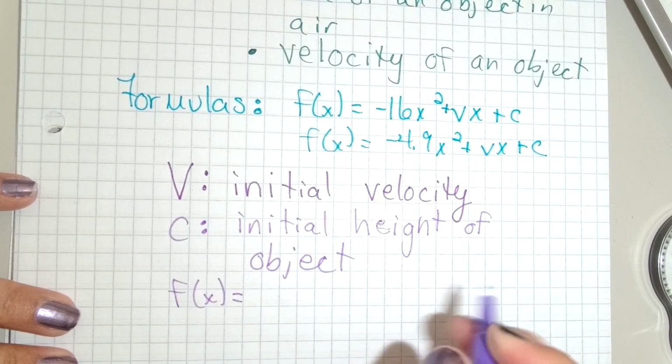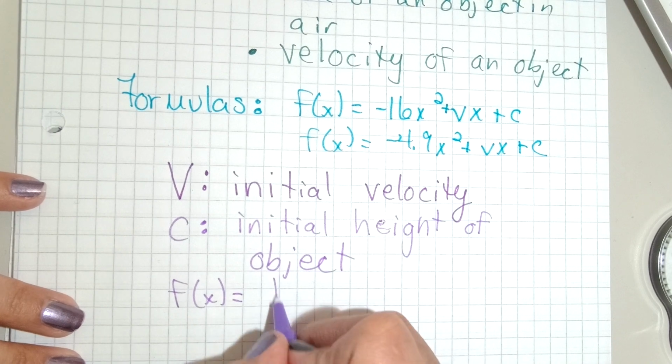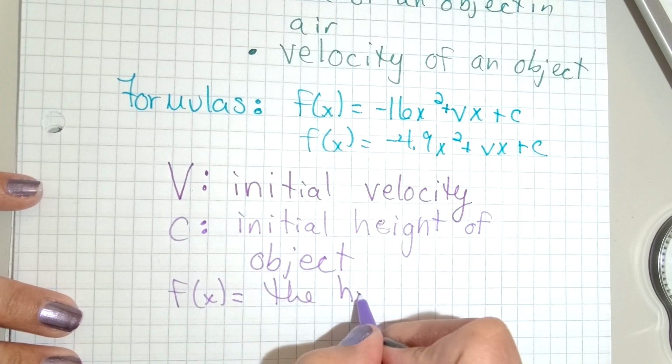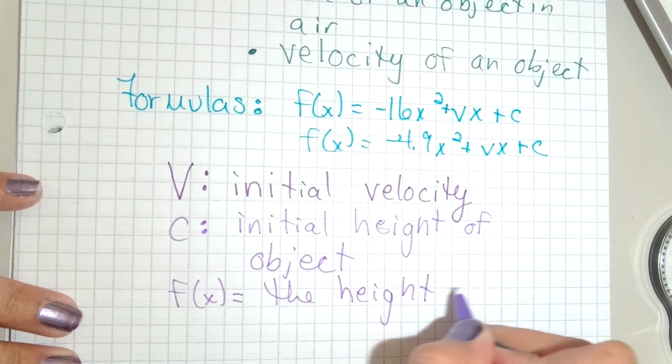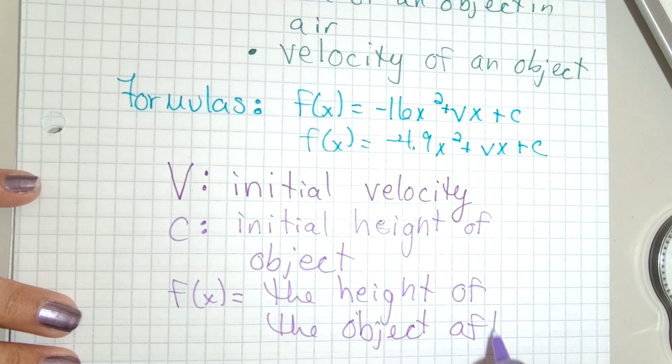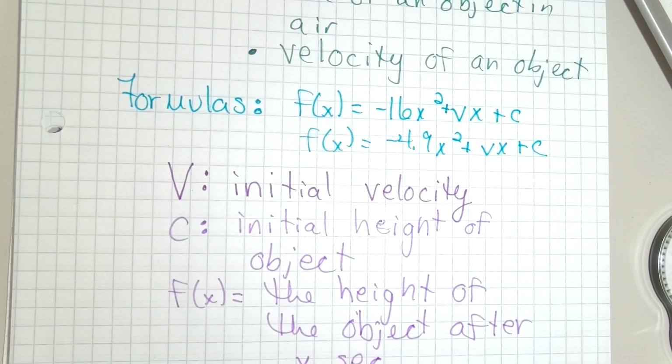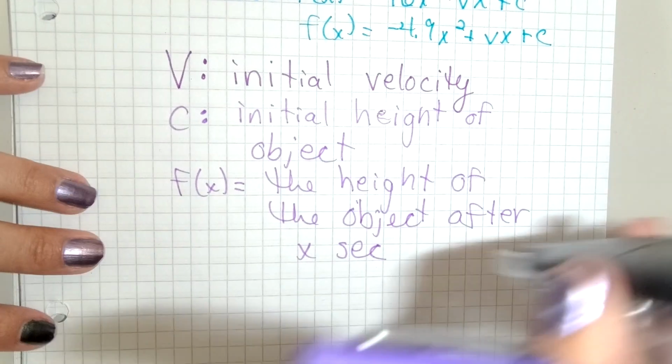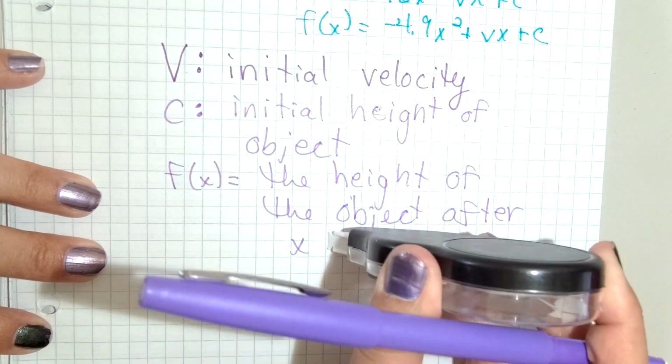F of x is the height of the object after x seconds, or I'm sorry, x time, because it could be other things.